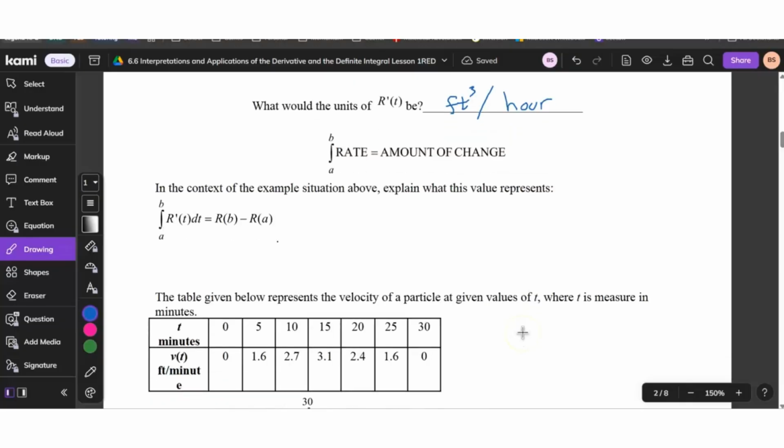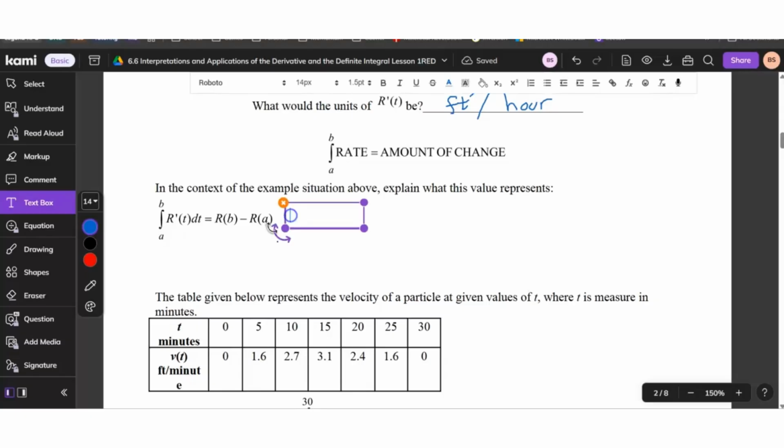Haven't lost anyone? Excellent. Now, if we integrate the rate, it's the amount that it changed. If we have the rate function and we integrate it, we get how much it changed. This is very related to physics at this point. So, the integral of r prime of t equals r of b minus r of a, which is the amount of change, in this case, for our height of the water. So let's write that out.